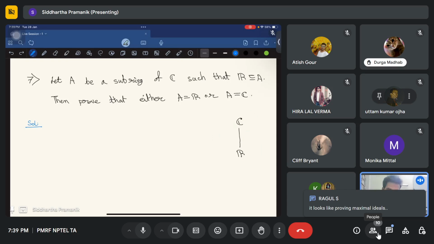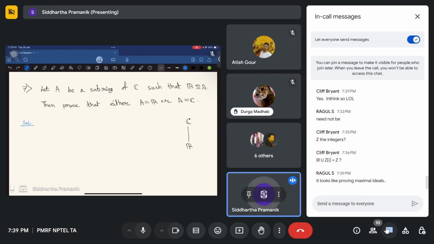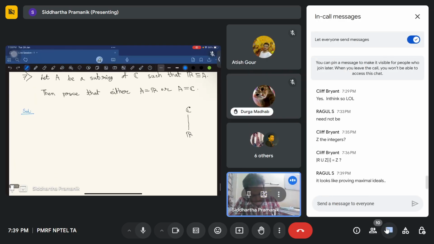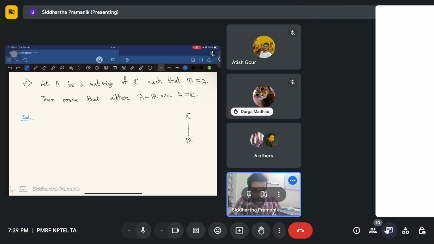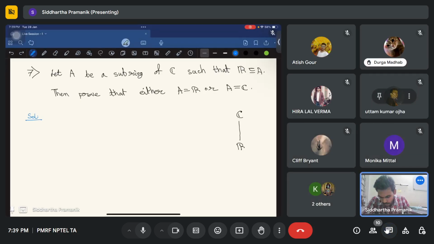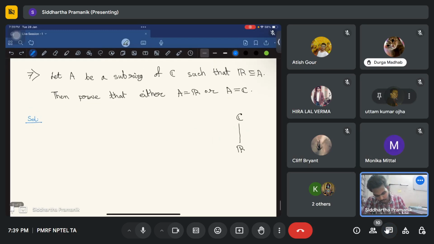Not exactly that. You can say maximal subring, but I don't think there are such concepts. I don't know. But let's not go that deep. We don't need anything which we have not learned. Okay, let me prove this.